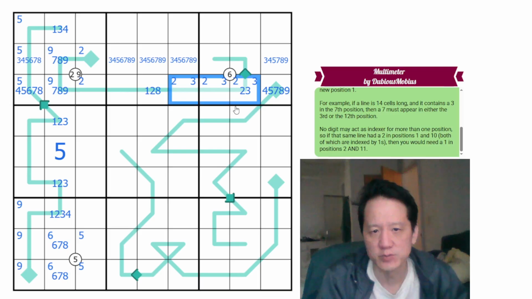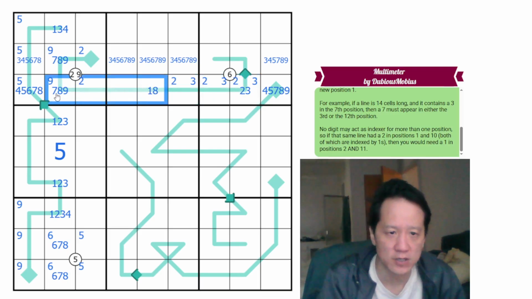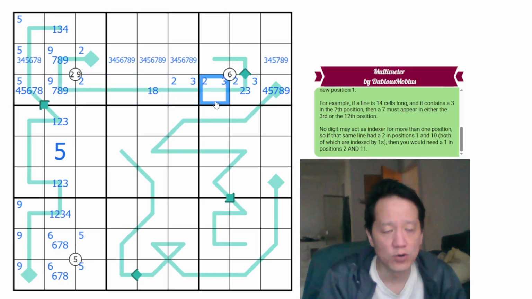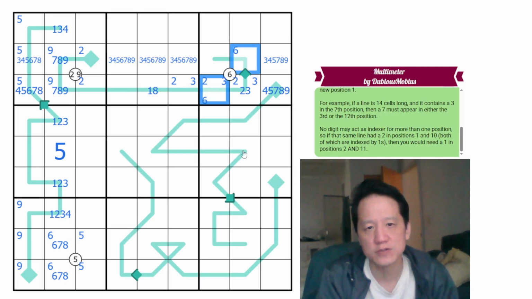So 2 also has to be one of these 3, which means there cannot be a 2 in the rest of the row. So 6 specifically has to be one of these 2 cells, right?